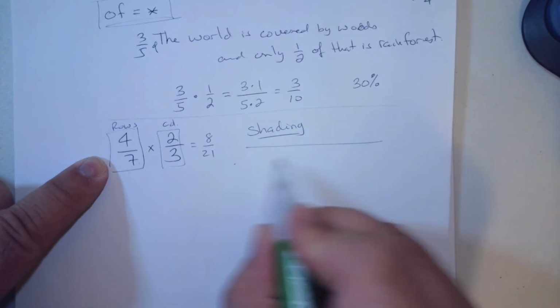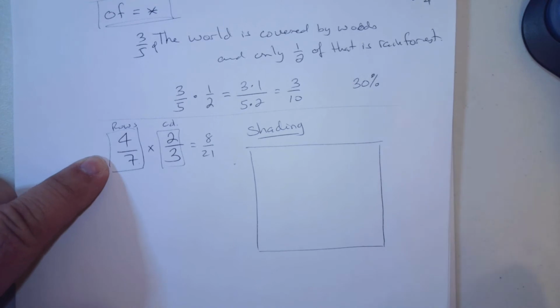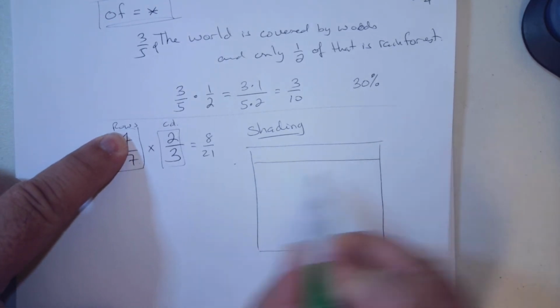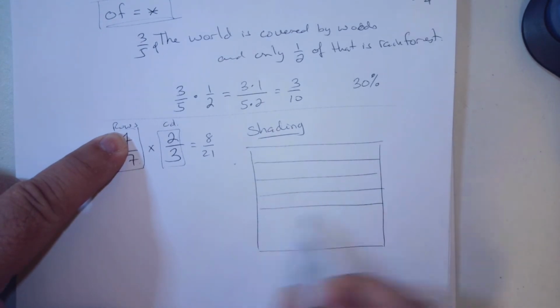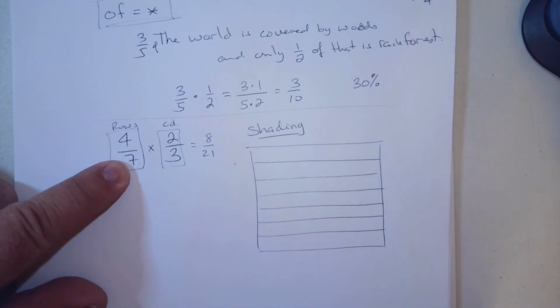So we have a box. Since we're dealing with rows, let's create one, two, three, 4, 5, 6, 7. We have 7 rows.